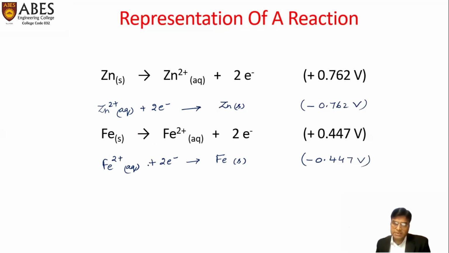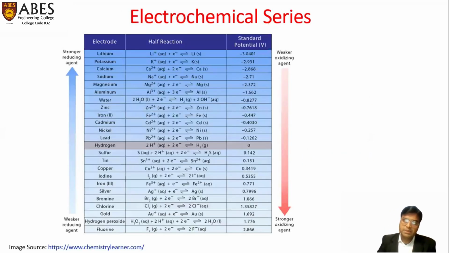So here this reaction is converted to the reduction reaction, and the potential is shown as the reduction potential. Once all the reactions are converted and shown as reduction potentials, it is easier for us to compare them and to arrange them in the increasing order of the reduction potential.